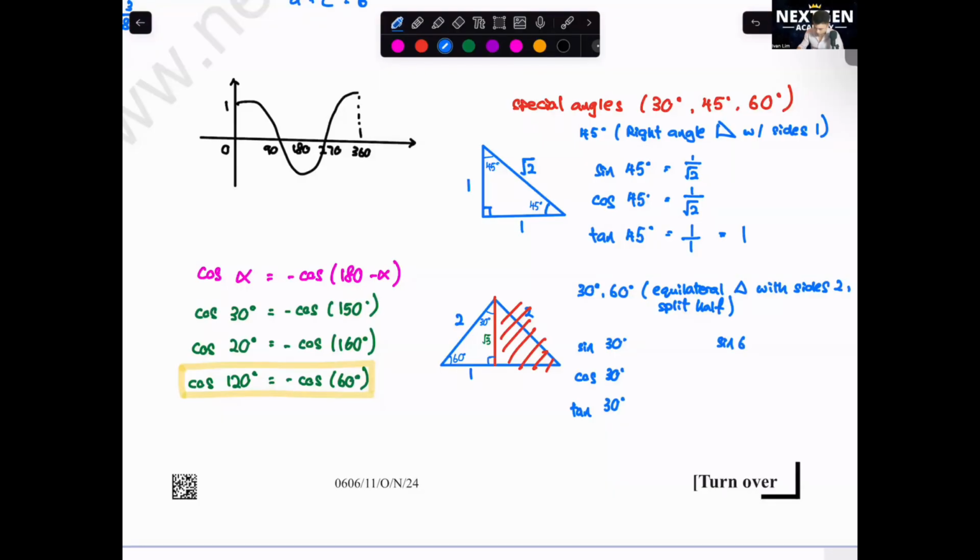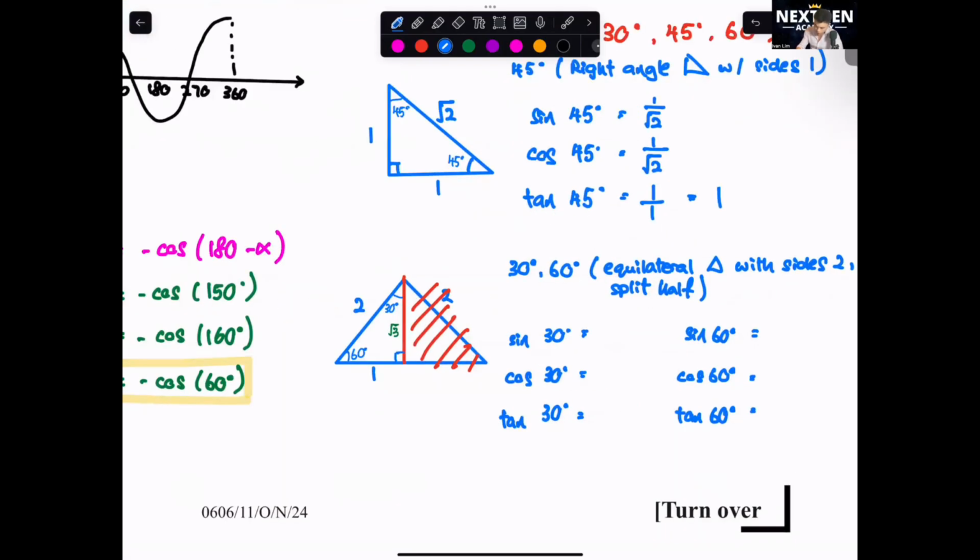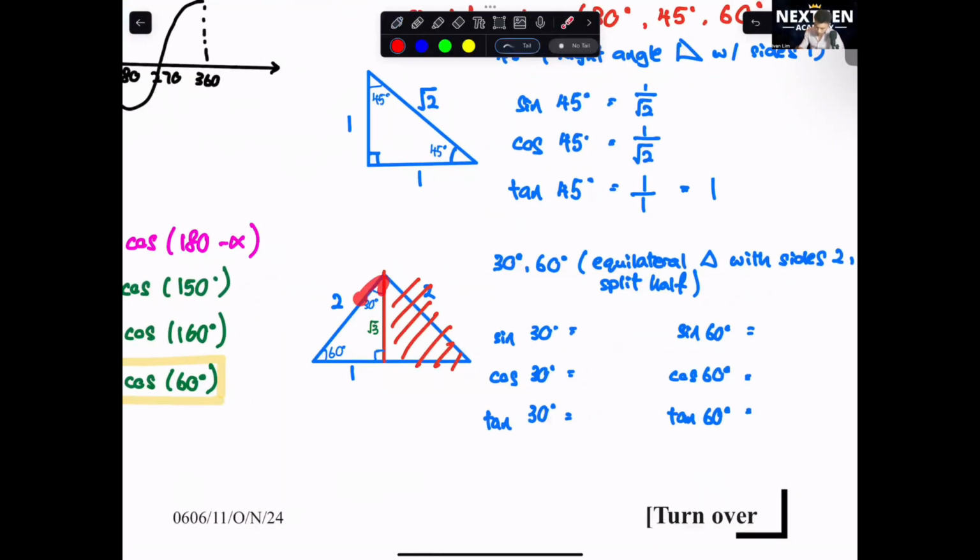Follow according to this triangle. So for 30 degrees: sine is 1/2, cos is root 3 over 2, tangent is 1 over root 3.